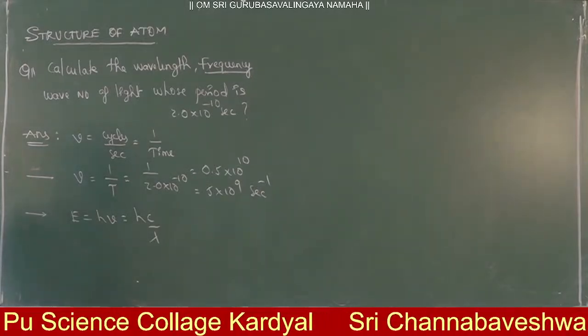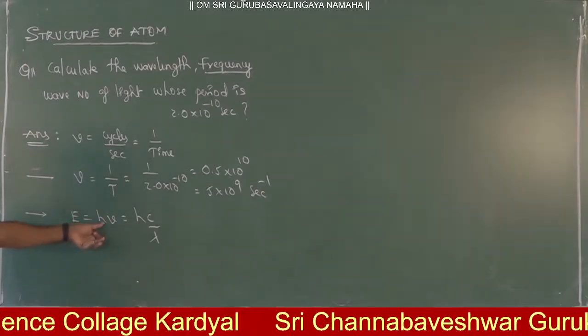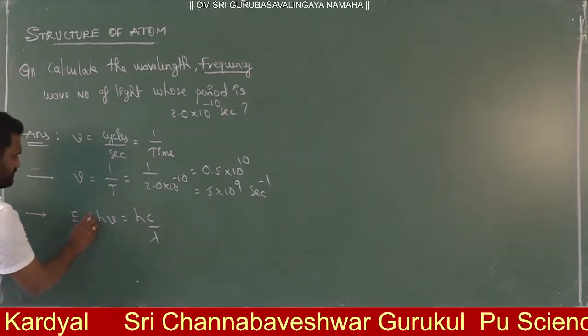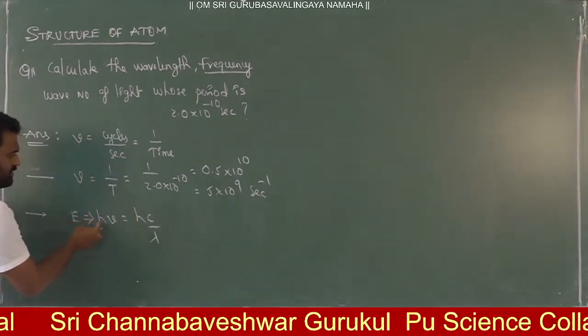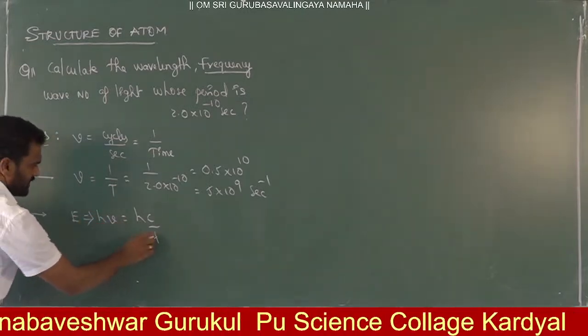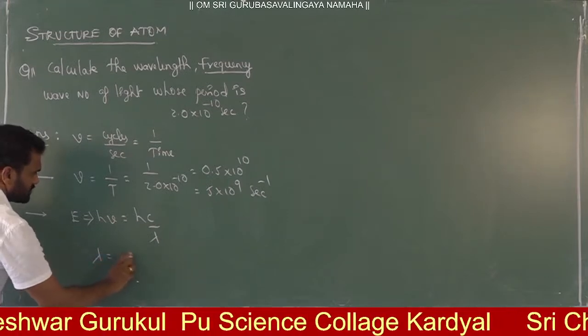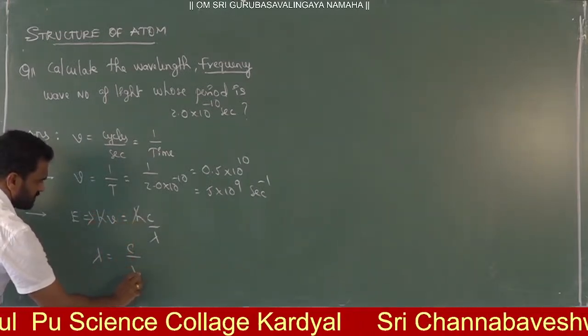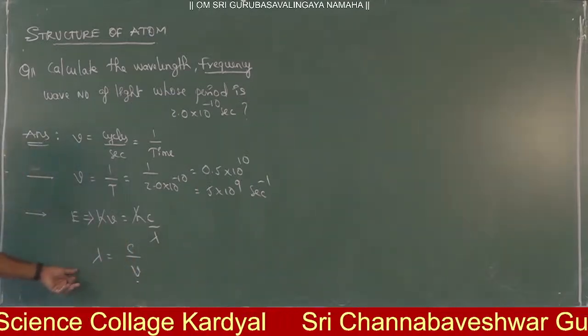Now here you know the frequency. So E equals h nu, h will cancel, then lambda equals c by nu. Then I will get lambda.